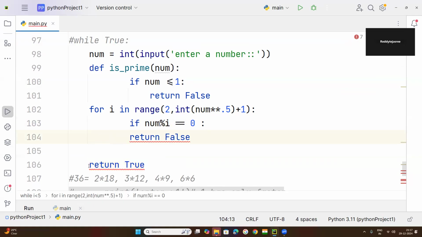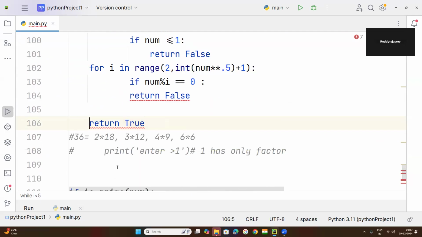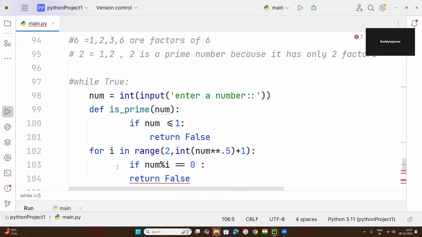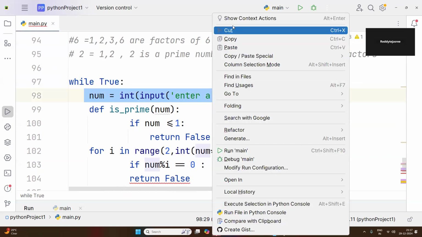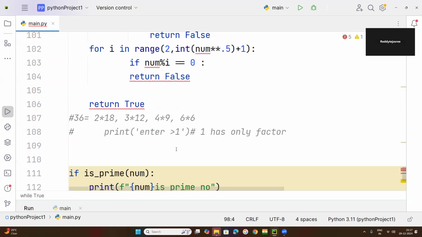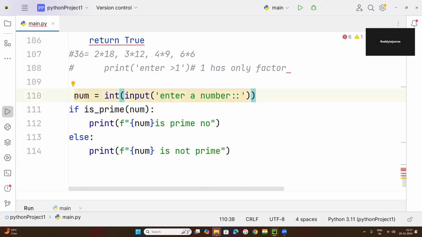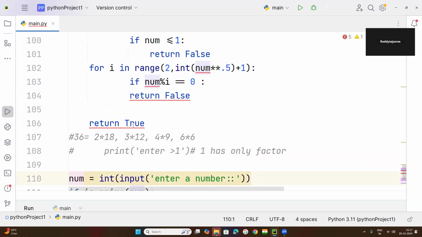Okay. But okay, here I want to paste here.